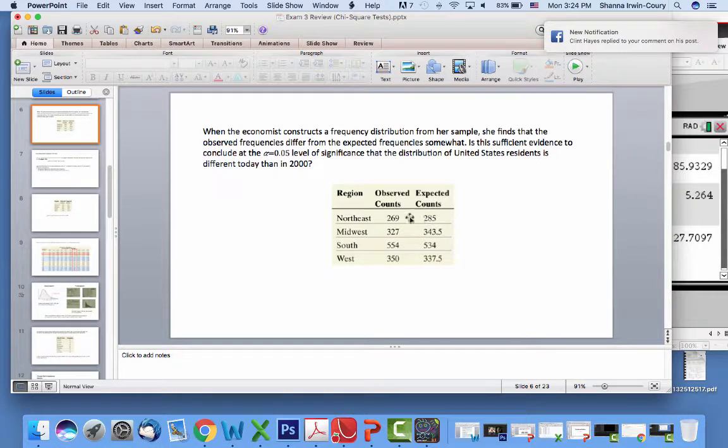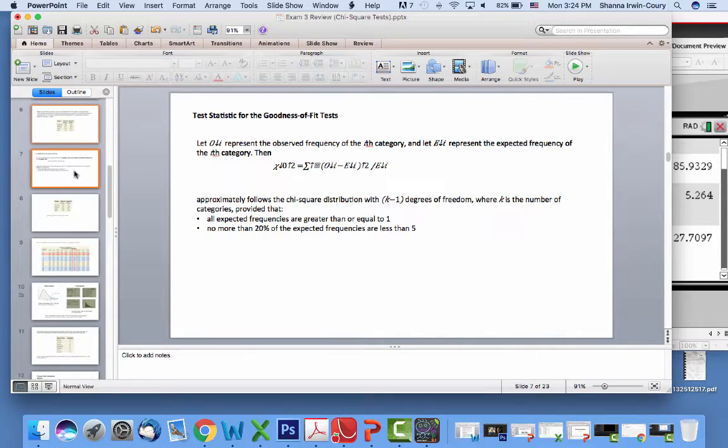So when we take them, we find how big they are, we square them, and then we add them up. And every time you have an observed value and an expected value that are different, you add something positive. The only way that you don't add from a box is if the observed and the expected counts were exactly the same, then that box doesn't add anything because it doesn't show anything is different.